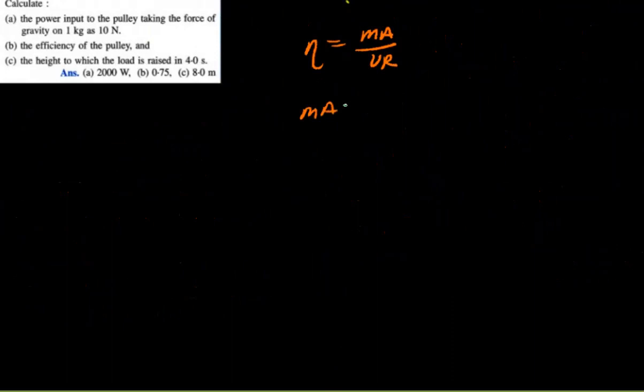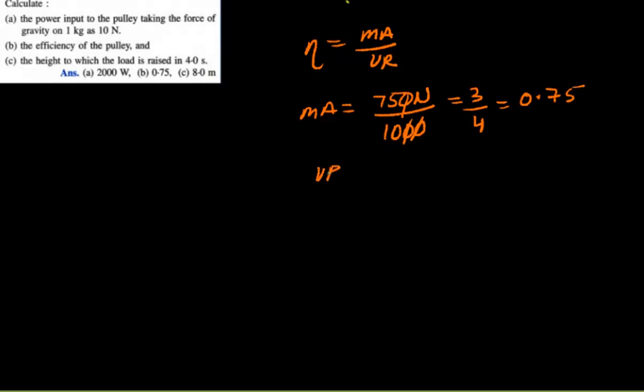Mechanical advantage equals, remember, our load was 750 newtons and effort was 1000 newtons. So our mechanical advantage equals 750 upon 1000, this will become 3 upon 4, which is equal to 0.75. Now for a fixed pulley, velocity ratio is always equal to 1.